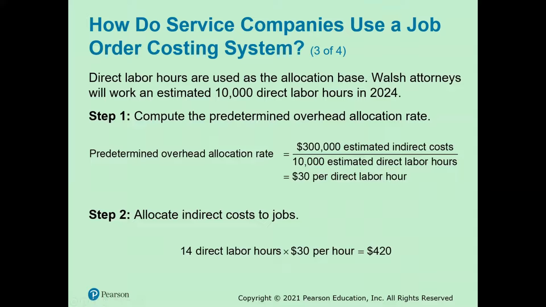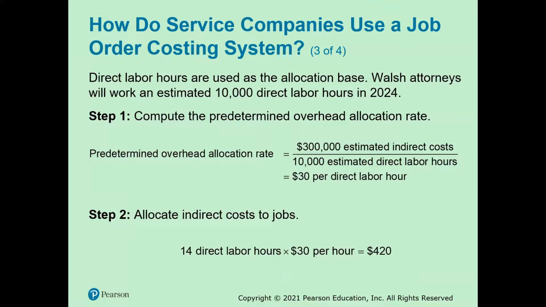Direct labor hours are used as the allocation base. Walsh attorneys will work an estimated 10,000 direct labor hours in 2024. So step one is to compute the predetermined overhead allocation rate.